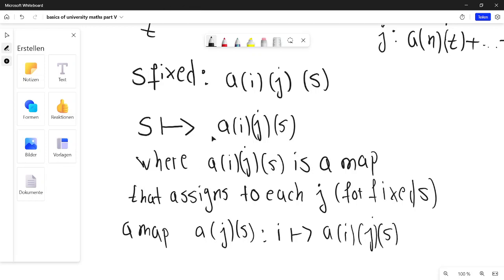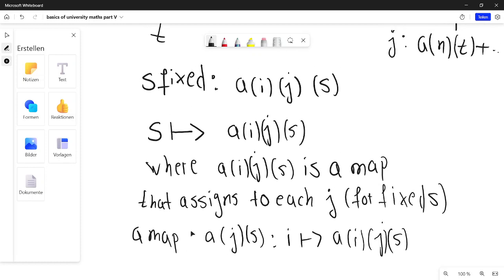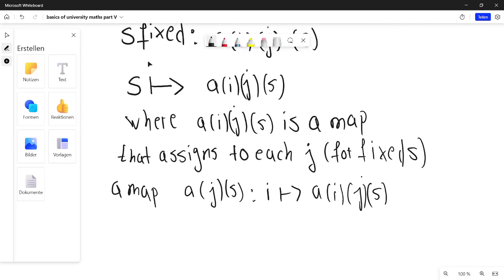Again, keep in mind what is fixed. S was fixed. We go through all S, but now we are at a single S and it is fixed.